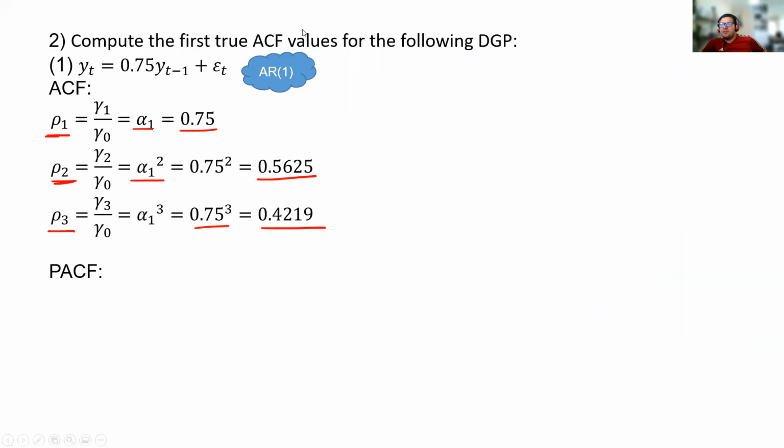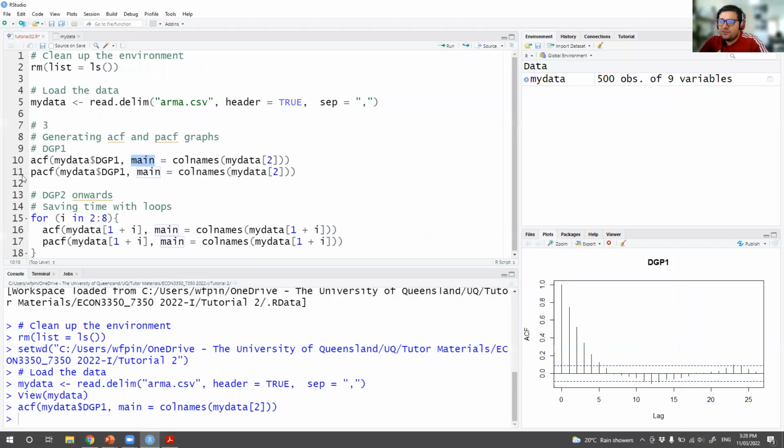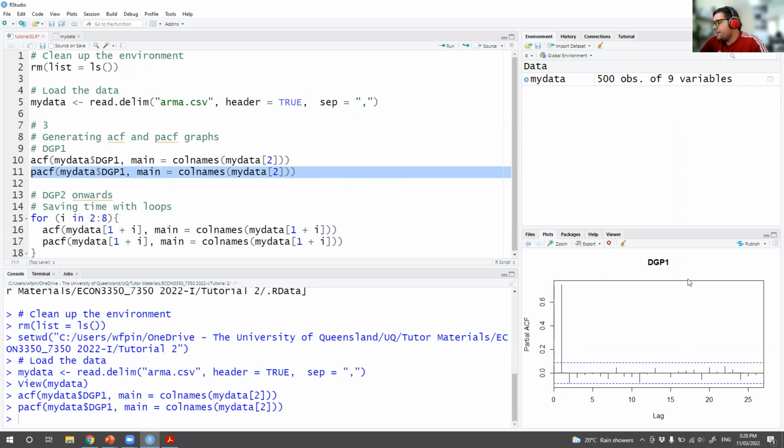And as an extra, we were only asked to compute the ACF, but you remember how the PACF for this particular case was calculated. The first point was alpha 1, which is 0.75, and then it's just zeros. So let's go back to R and do that for line 11, the second graph.